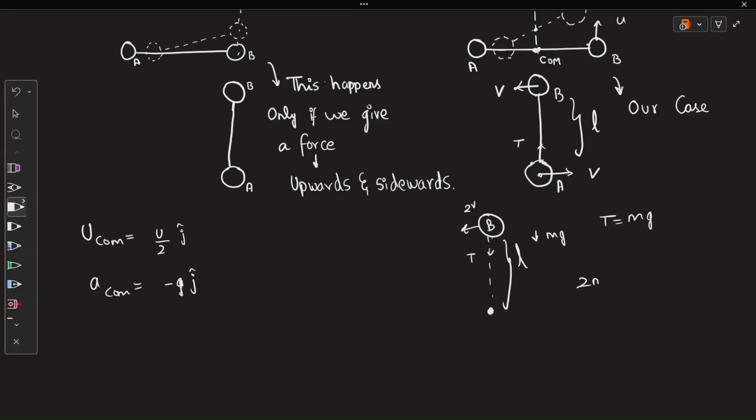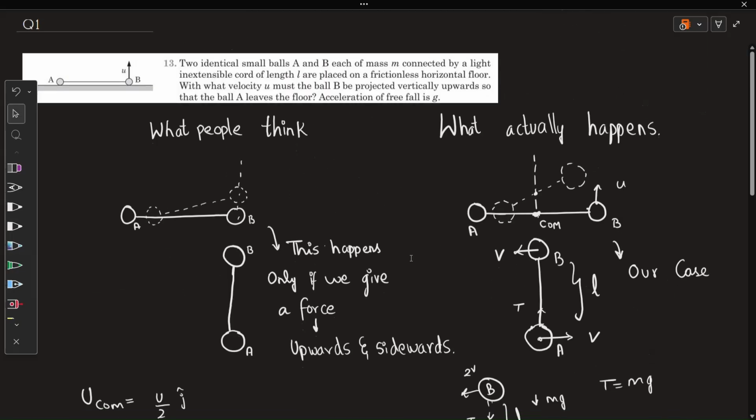So the total 2mg force is nothing but the centripetal force. So it is m into 4v square by L. So what we get is v square is nothing but, if you cancel stuff, gL by 2. This is the first thing.